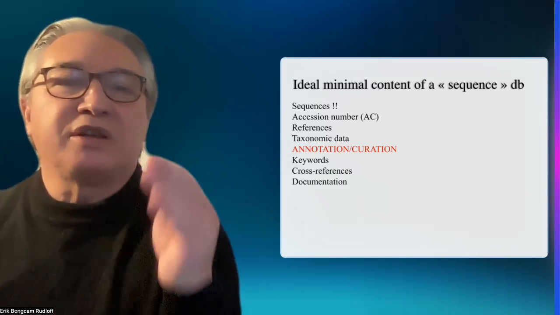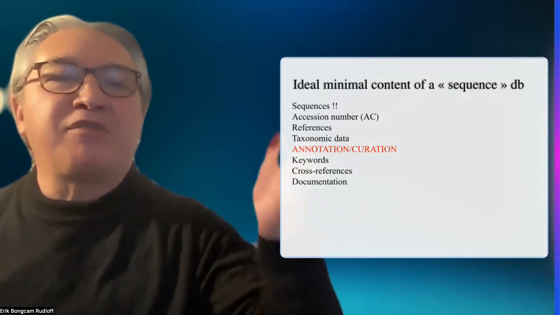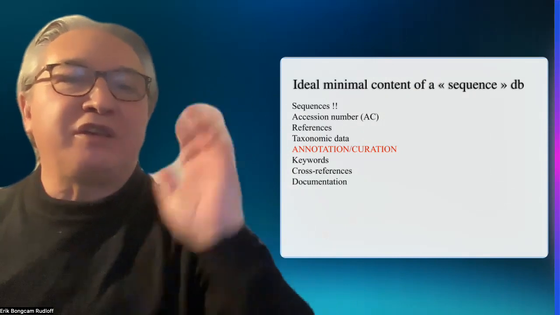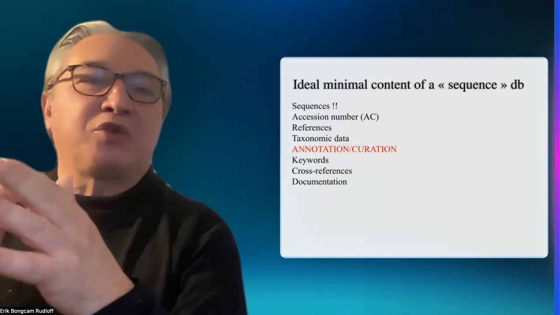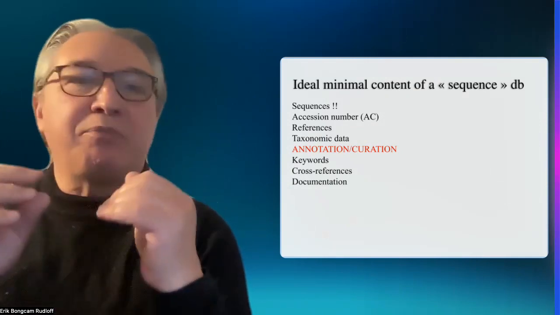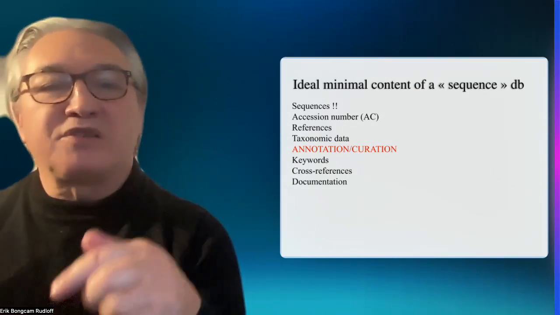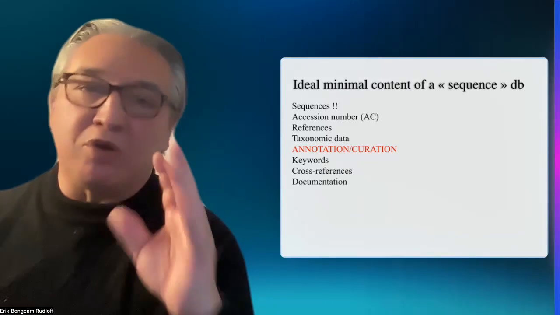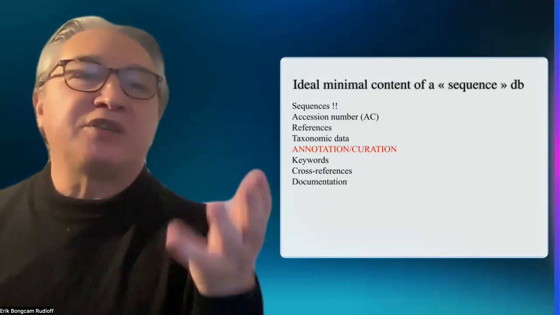So errors that people make when they're putting things in the database can be there for 20, 40, 50 years, and no one is correcting that. It's not manually controlled. So the quality of nucleotide sequences may not be as good as you think. Now, I repeat this: when you're working with nucleotide databases, use this knowledge.